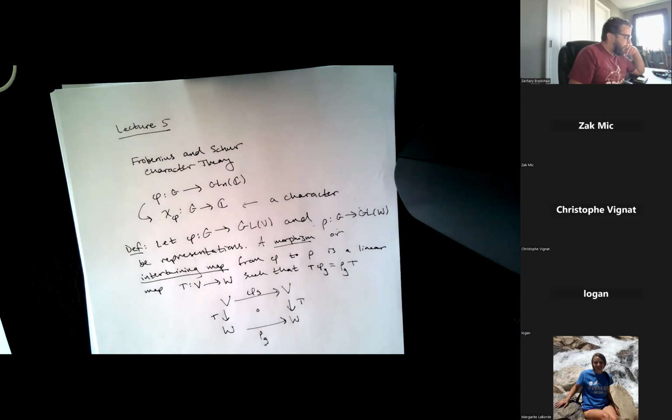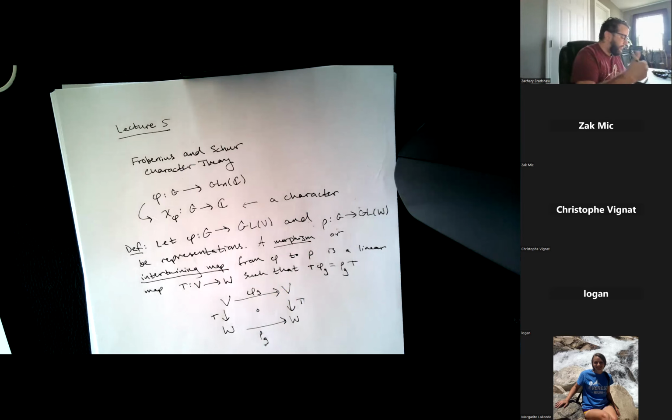So note how if T is a bijection, then this definition here is the same as an equivalence, which I defined last time, an equivalence of representations. So morphisms are to representations as homomorphisms are to groups.